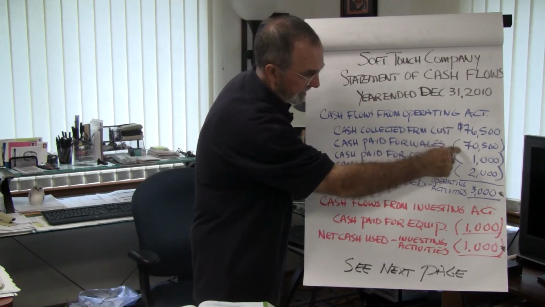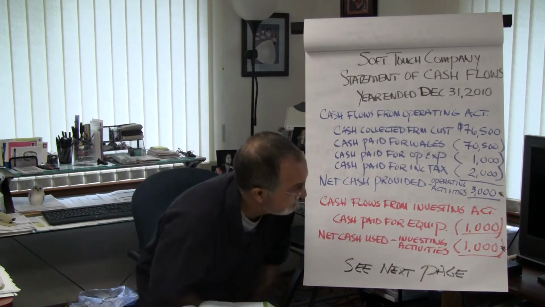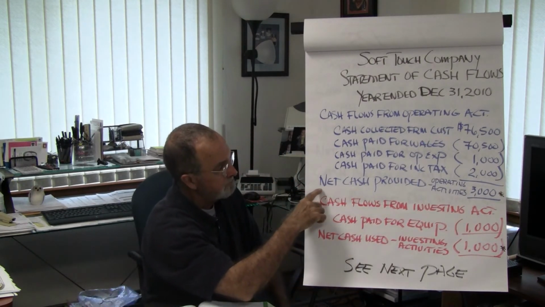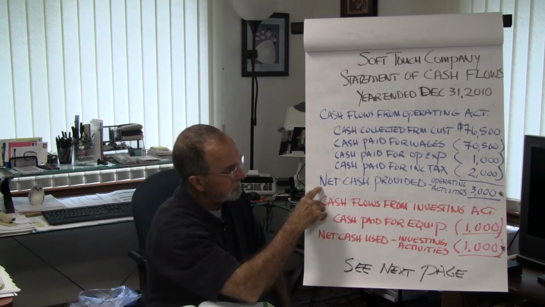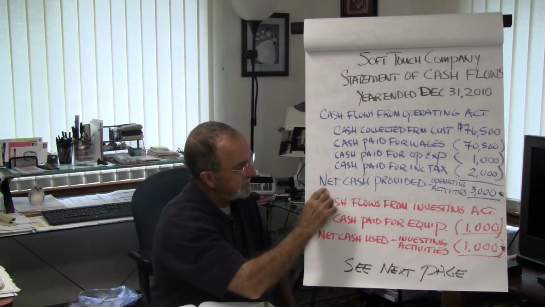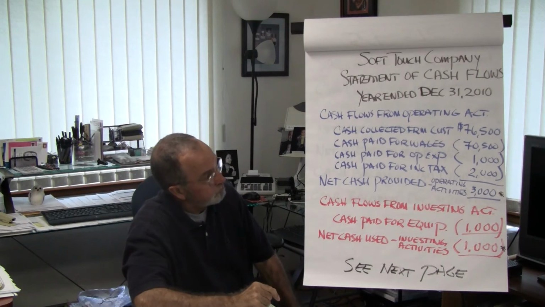We would simply add down, again either plus or minus, and we get a total which in this case is positive. So the description for that total is net cash. Net would be the net of pluses and minuses. Net cash provided, since this is a positive amount, from operating activities, and that number is $3,000.